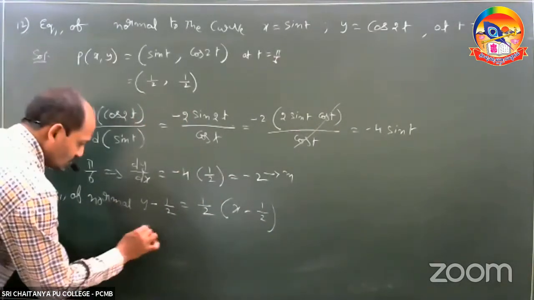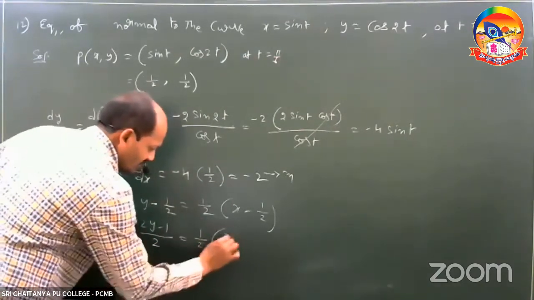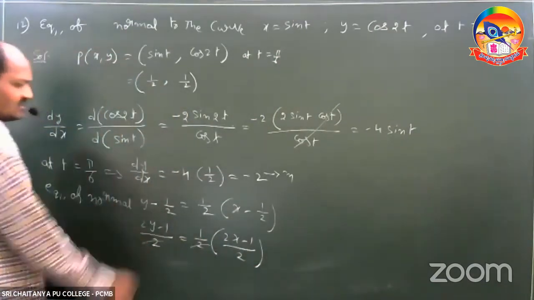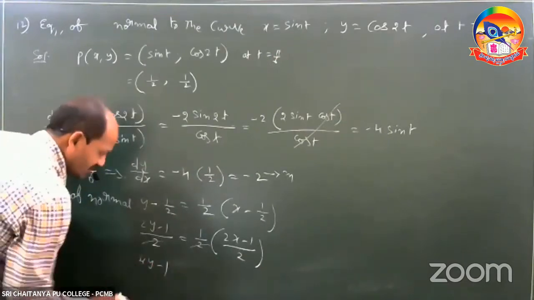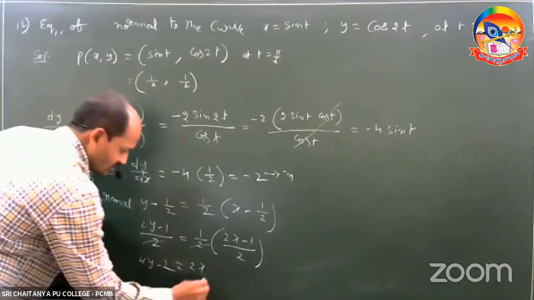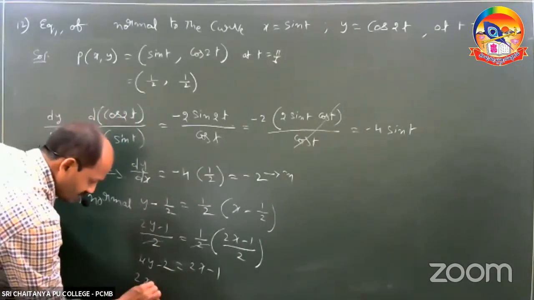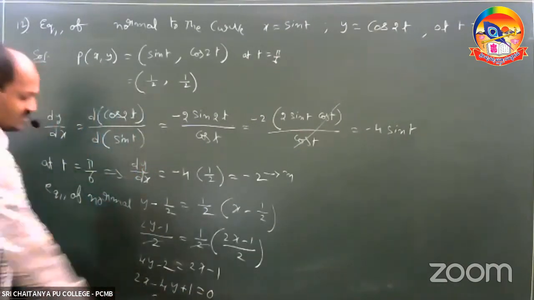So it is y minus 1 by 2 is equal to 1 by 2 into x minus 1 by 2. Taking the common denominator on both sides, 2 removes. By cross multiplication, 4y minus 2 is equal to 2x minus 1. Then the equation is 2x minus 4y plus 1 is equal to 0.